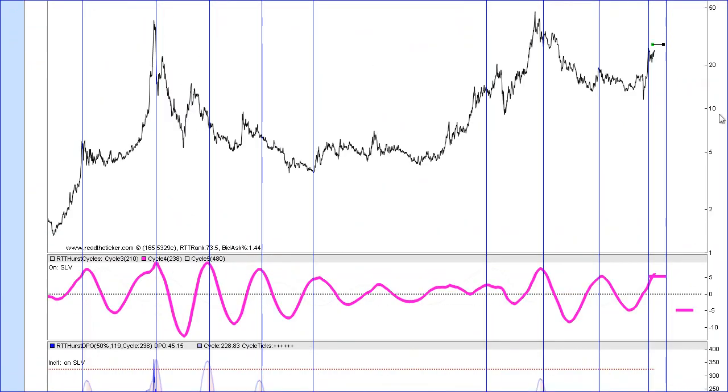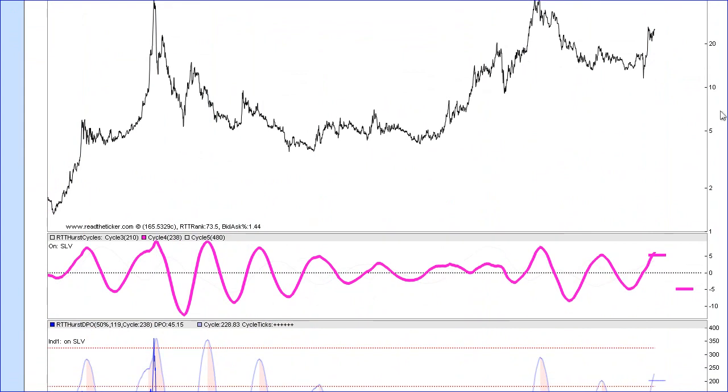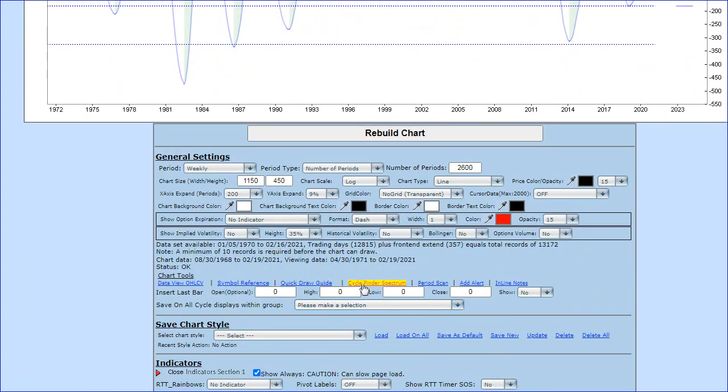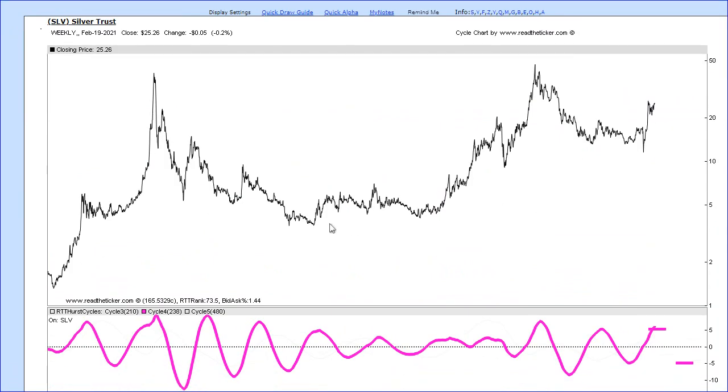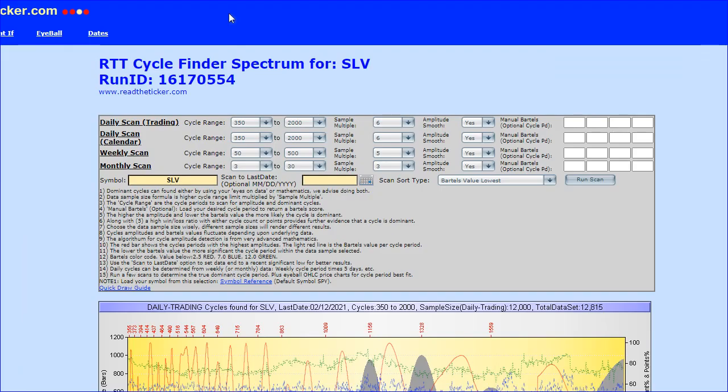Okay, so how did I find these cycles? I go down to our cycle finder spectrum, pretty fancy name. What I want to do is run period time frames through this price, and find which sine waves fit this price action, and to do that I use the Bartels statistical score.